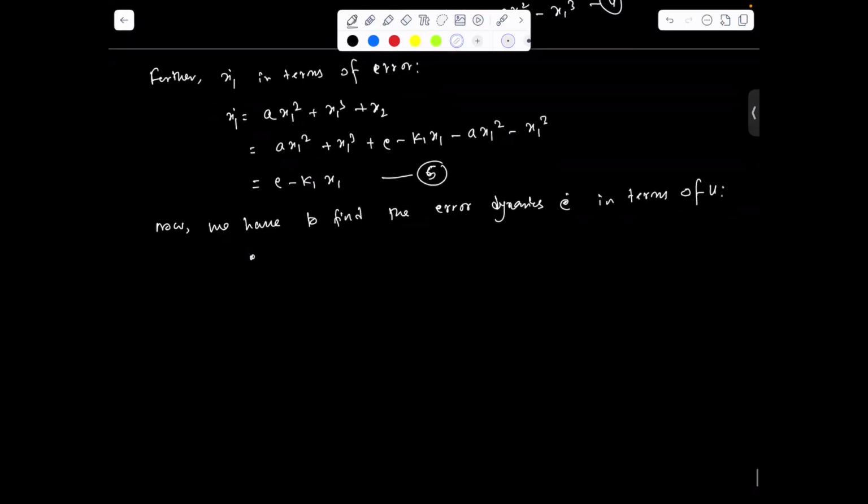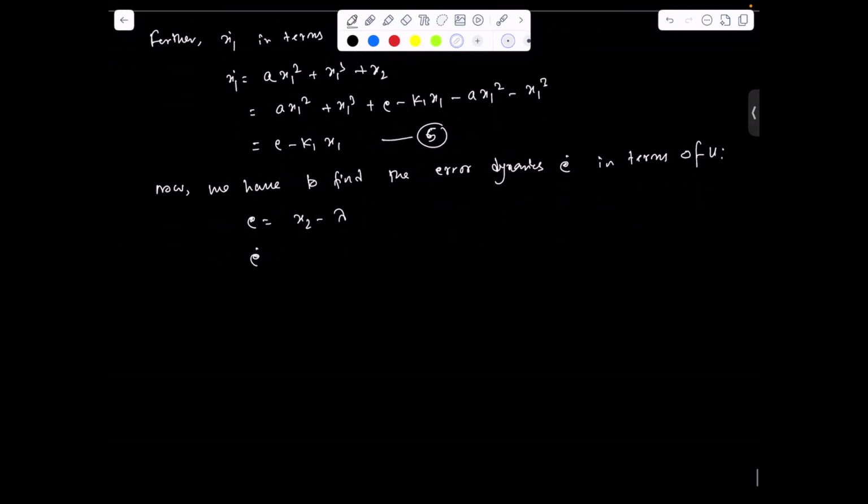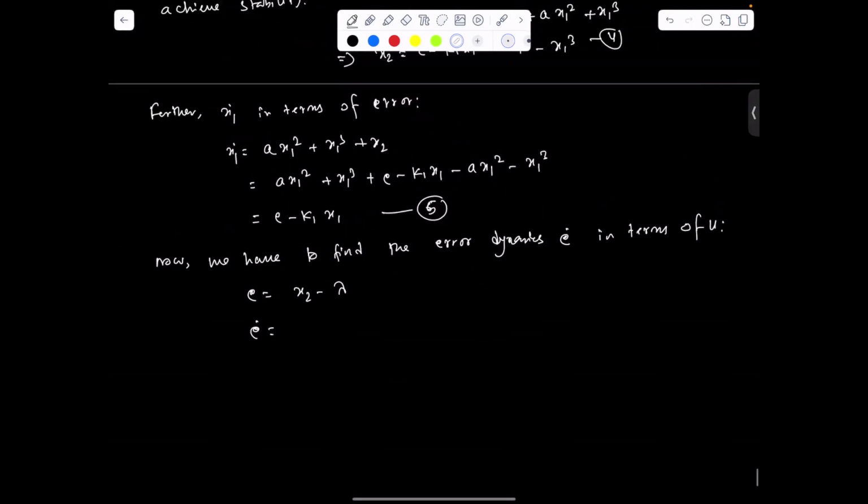So we can write e equal to x2 minus lambda, and e dot equal to, so we have already found the x1 equation here, and we are now writing the e dot dynamics, which will be considered for finding the overall stability of the system through Lyapunov.